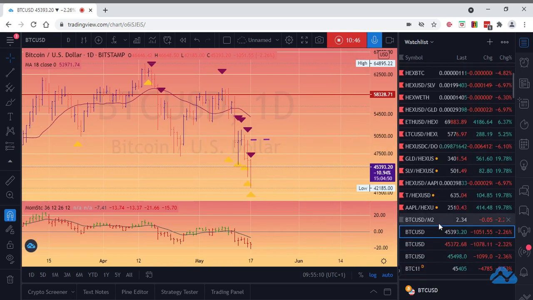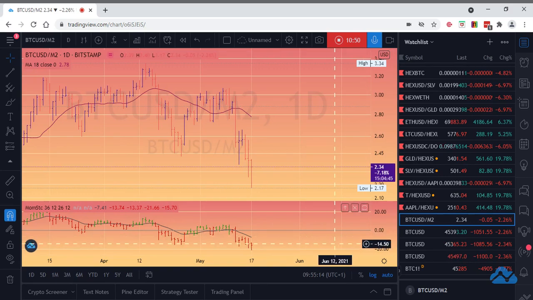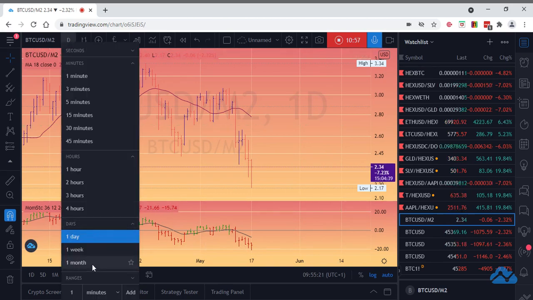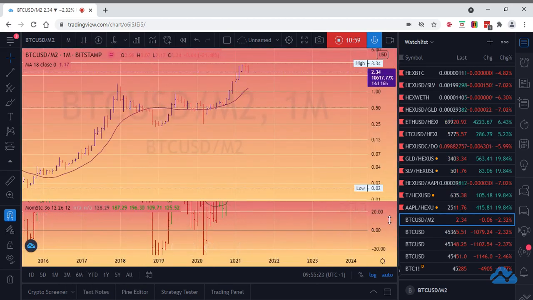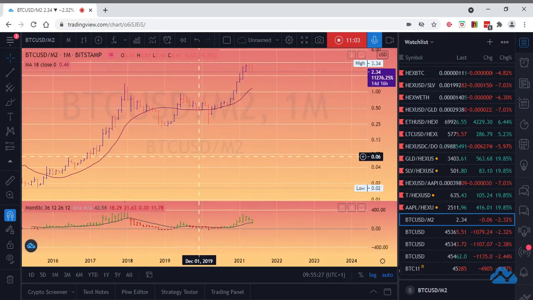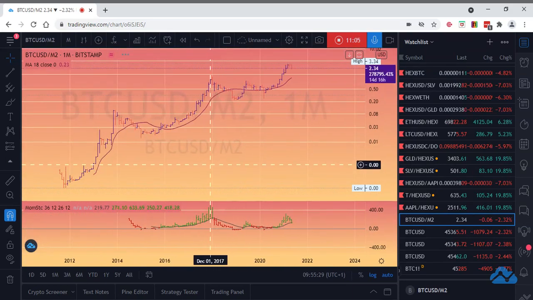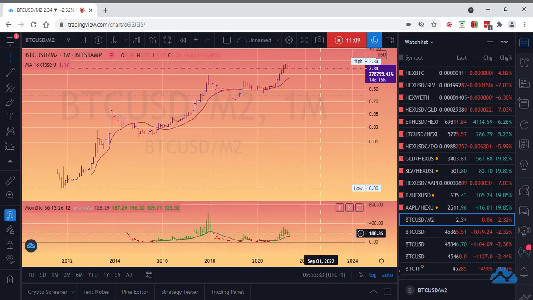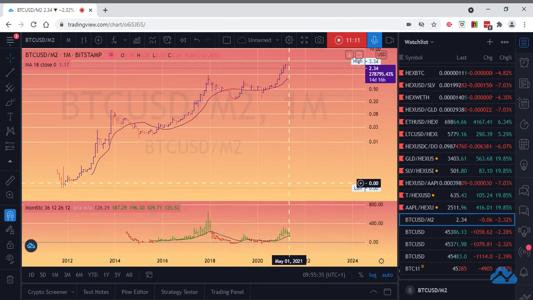Okay. So here, I've pulled this chart up before. BTC USD versus M2, monthly, on Bitstamp. BTC versus Fed M2.